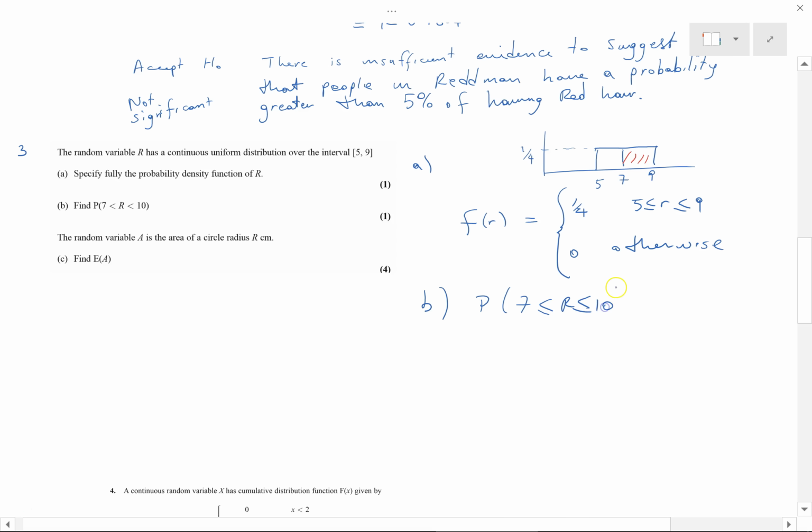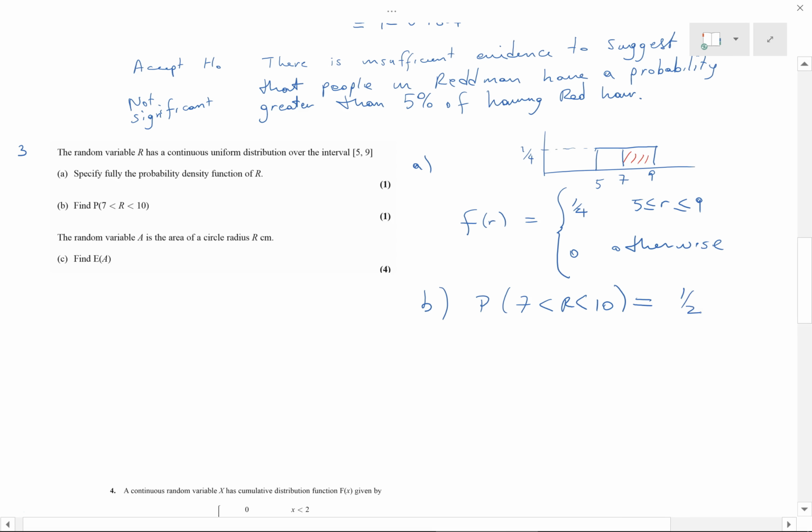I've written the inequality differently here, but I don't really care because it's continuous. It should be the same. I'll try and rub it off just to be consistent, because it's a continuous distribution, we can be a bit lazy about what kind of inequality we use, but I don't want to annoy anyone, so I'll use the same one as the question. So that's P(7 < R < 10) equals a half.